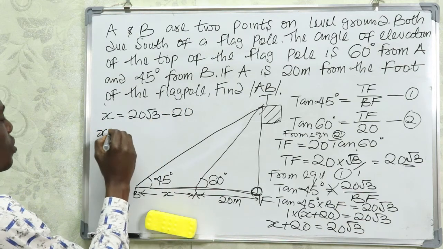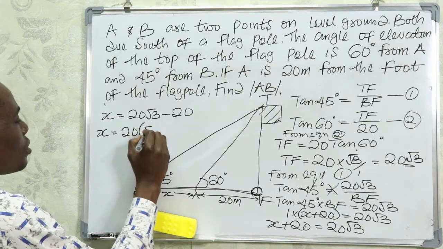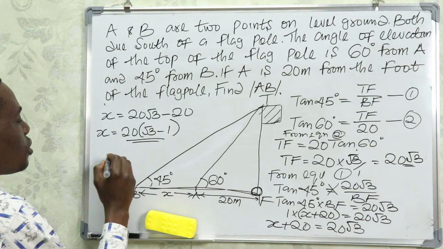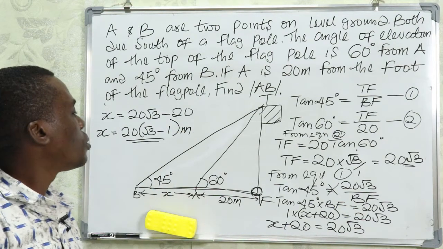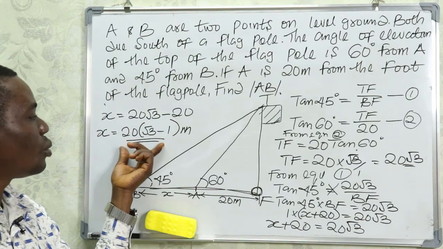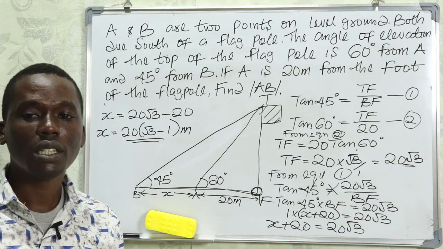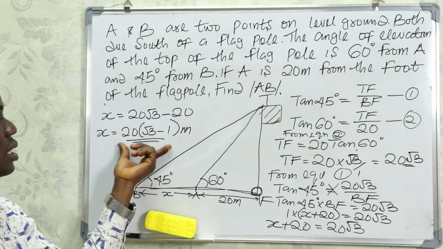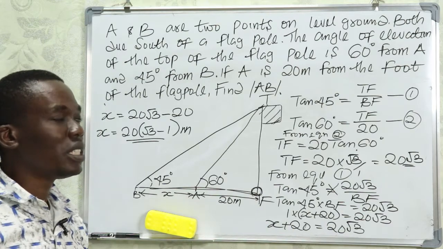So our x will be equal to 20 is common, into bracket root 3 minus 1. So x is equal to 20 into bracket root 3 minus 1 in meters. If you find that, you are going to see that this is the solution to the question that is given to you.